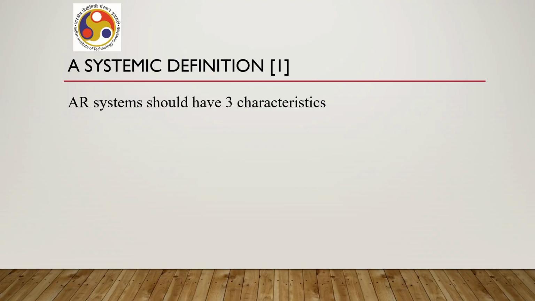Now that is a definition which does not help us much in identifying important characteristics. We can get those characteristics from another systemic definition which was proposed in a paper. At the end I will refer to that paper. So according to this systemic definition, which we have partly seen earlier, an AR system should have three characteristics. What are these three characteristics?